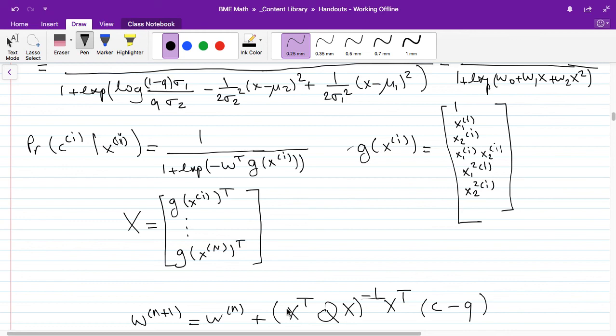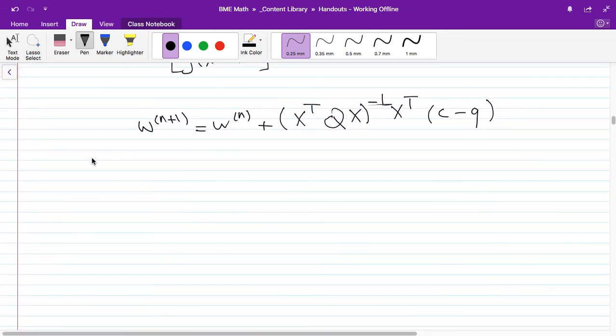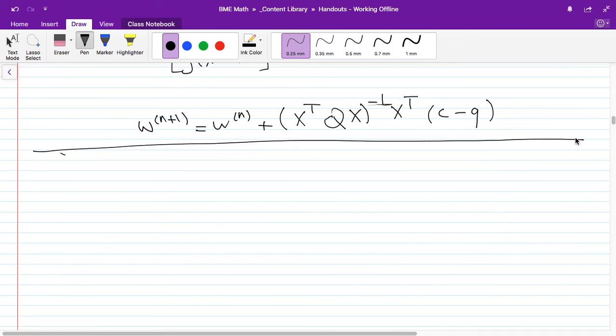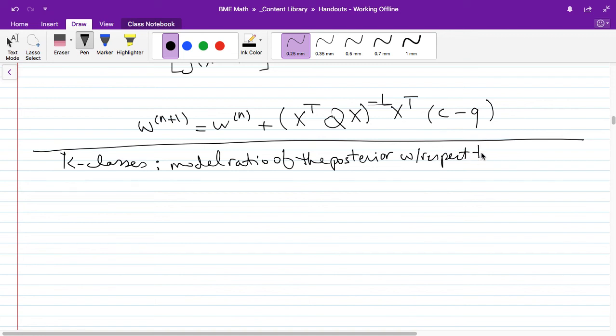All right, the final thing I want to tell you about is what if you have multiple classes. So far we've more or less been looking at 2 classes, but let me now briefly tell you what the problem becomes when you have K classes. In the case of having K classes, what you want to do is model the ratio of the posteriors with respect to one particular class, say class K, the last class.